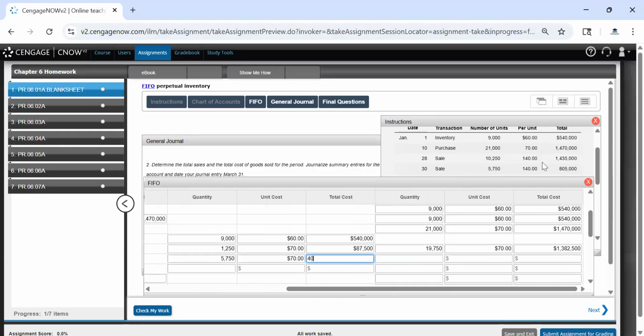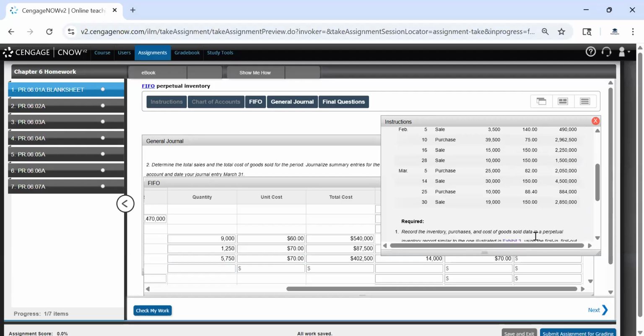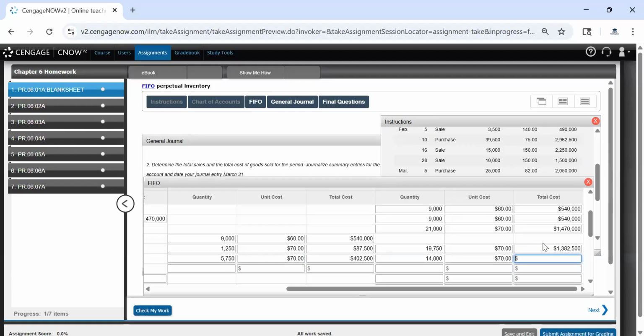And it is 402,500. Our remaining inventory after this sale is 14,000 units of $70 inventory. And the total value of the inventory remaining, which is also the value that we assign a historical cost, comes out to $980,000.